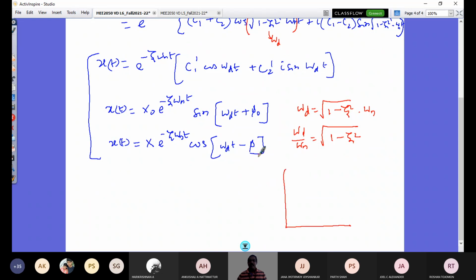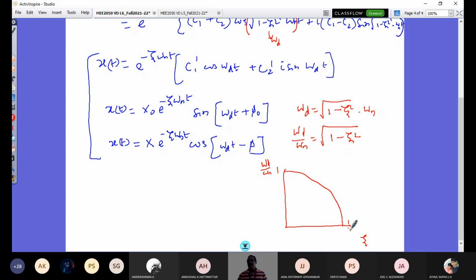Let me take on the y-axis omega d by omega n, and zeta on this axis. If that is so, I would have a quarter circle, because if I square both sides and take this to this side, it's a circle equation. So the value here is 1, and the value here is 1.